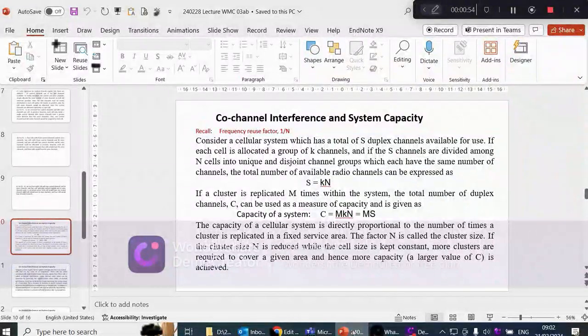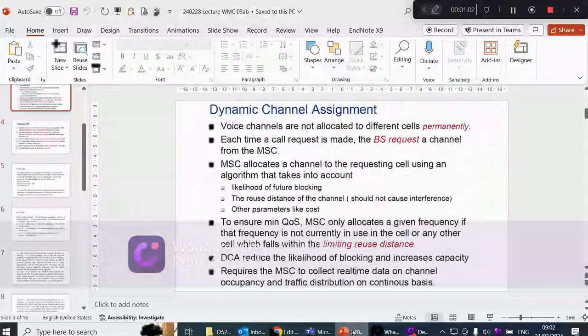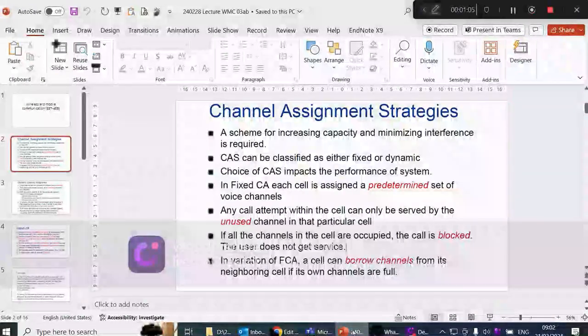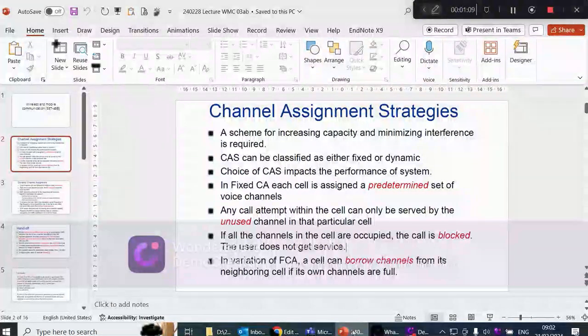I'd like to revise what we did in the last lecture. We are discussing mainly channel assignment strategies in wireless communication and the concepts of cellular structure, neighboring cells, sectoring, and clustering.